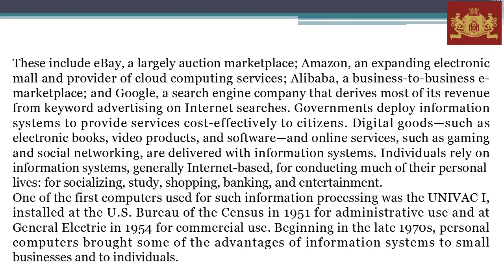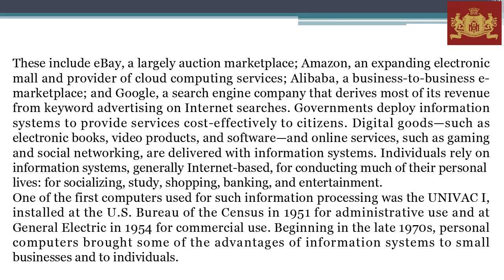These include eBay, a largely auction marketplace, Amazon, an expanding electronic mall and provider of cloud computing services, Alibaba, a business-to-business e-marketplace, and Google, a search engine company that derives most of its revenue from keyword advertising on internet searches. Governments deploy information systems to provide services cost-effectively to citizens.